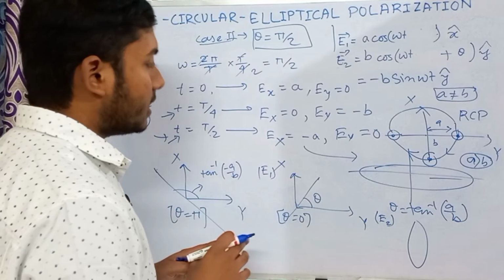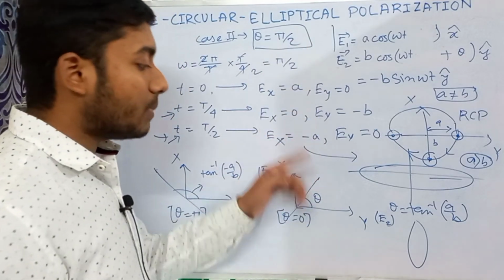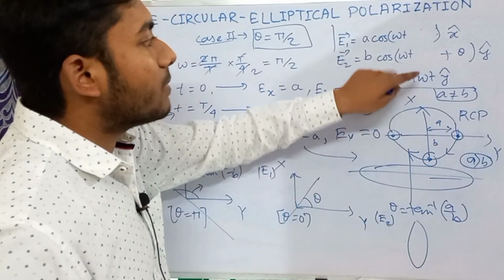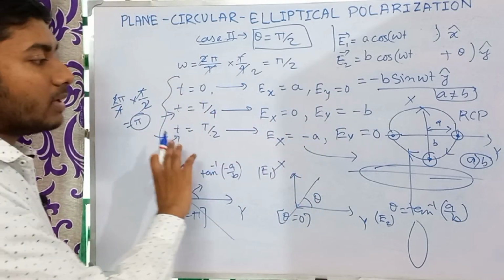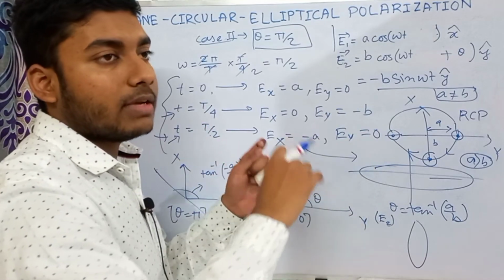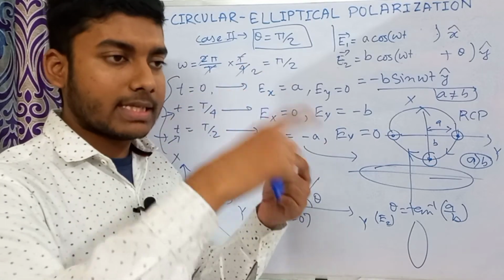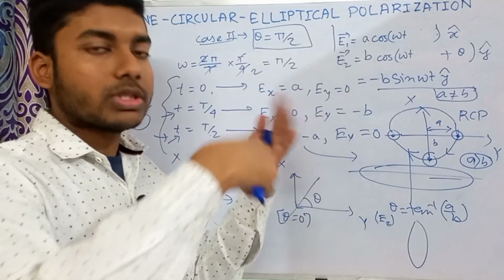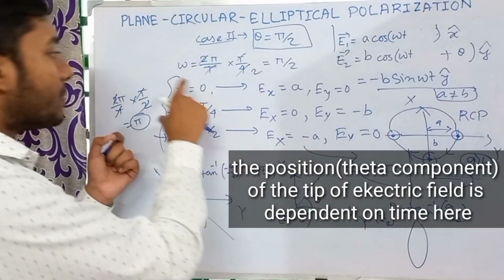So the main thing that I want to discuss in this video is that this is dependent on time. The two equations are dependent on time. That means we have considered different times, so the trajectory will be different at different times. The trajectory is circular or elliptical, but the motion is dependent on time.